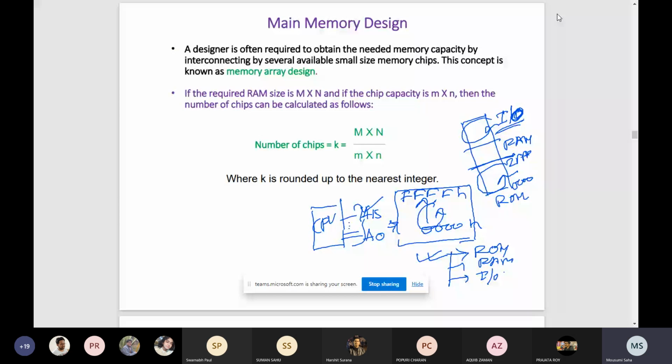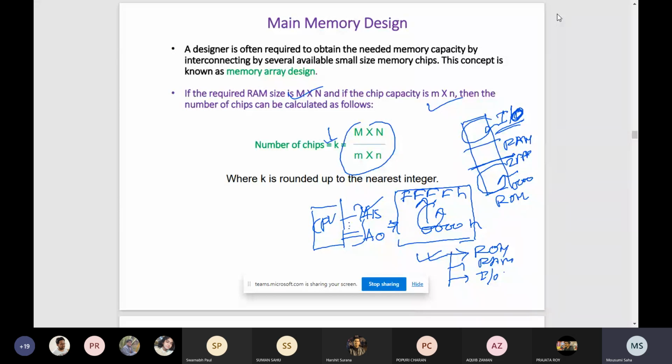Now for memory design, what has happened? Your requirement is M by N, and you have the small m by n. At that moment, you can compute the number of ICs that you want to interconnect, k. Sometimes this value will be a whole number, and sometimes it may not, so don't worry about it.